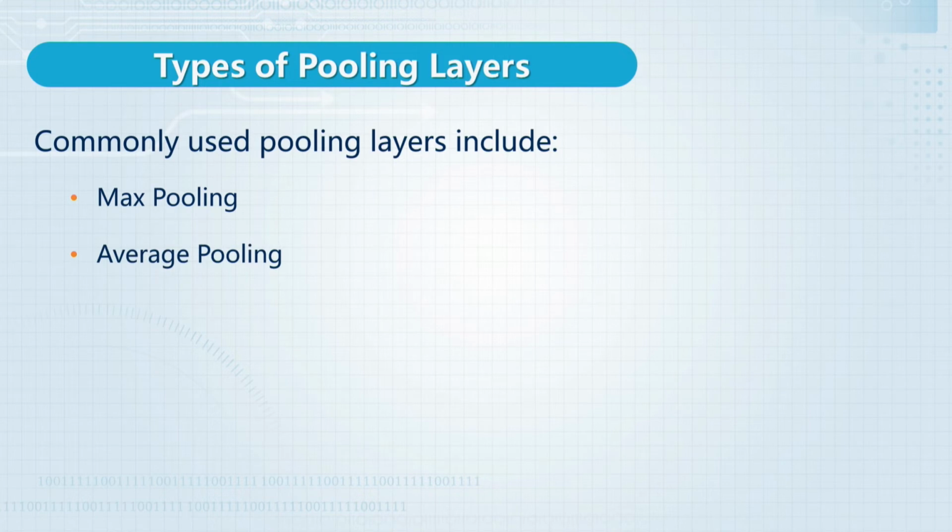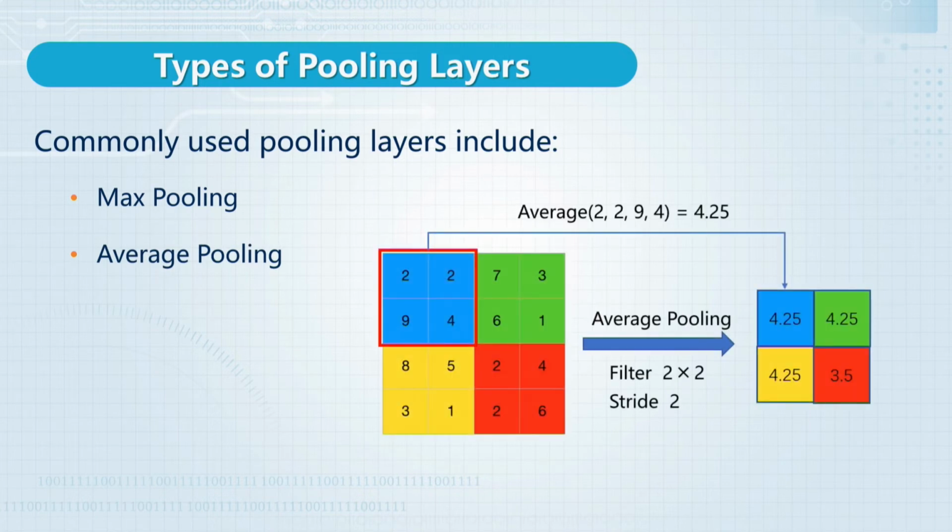Average pooling. Average pooling computes the average of the elements present in the region of the feature map covered by the filter. Thus, while max pooling gives the most prominent feature in a particular patch of the feature map, average pooling gives the average of features present in a patch.